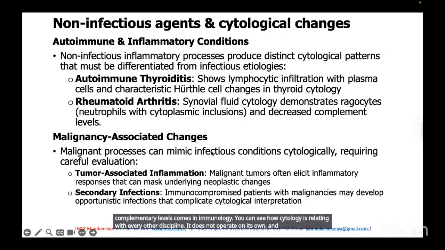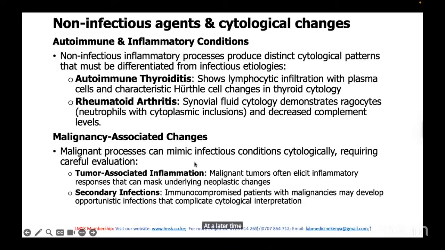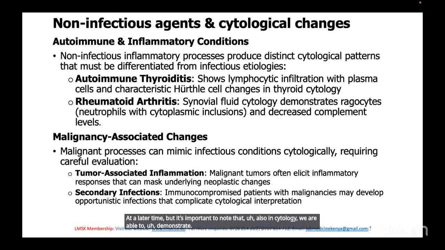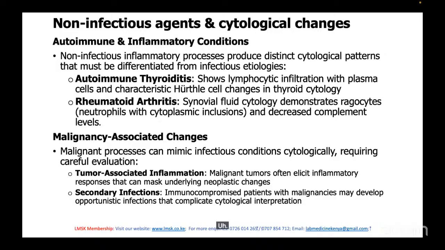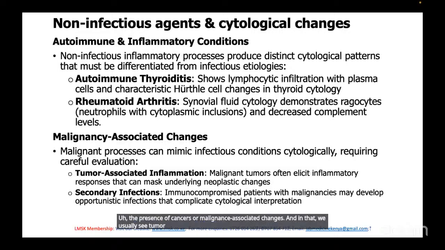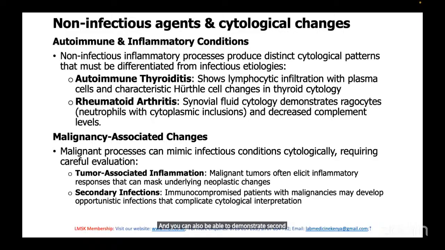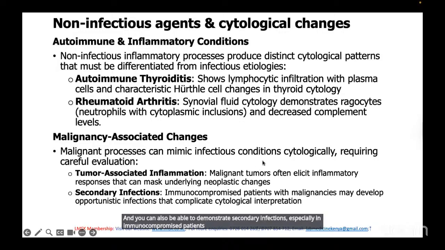And we have malignancy-associated changes. I said that we will discuss this at a later time, but it's important to note that in cytology, we are also able to demonstrate the presence of cancers or malignancy-associated changes. In that, we usually see tumor-associated inflammation, and you can also demonstrate secondary infections, especially in immunocompromised patients with malignancies.